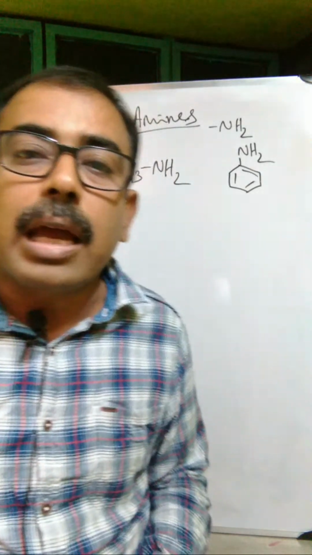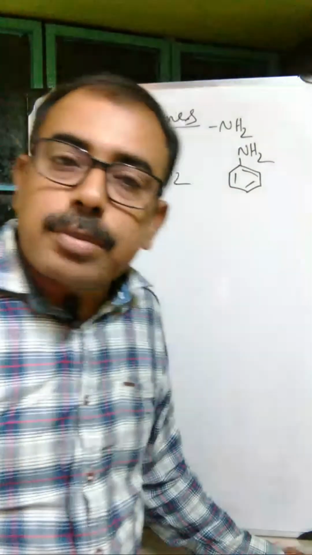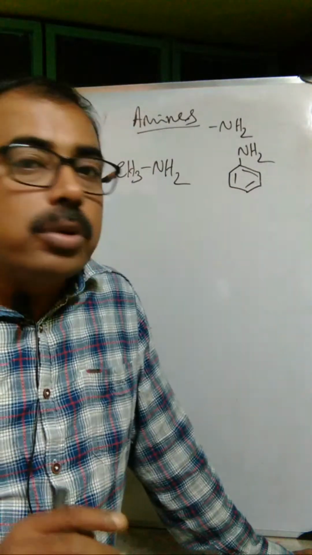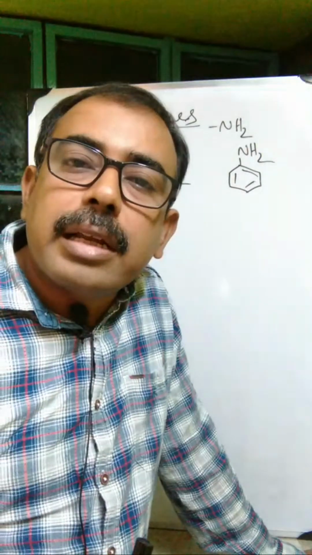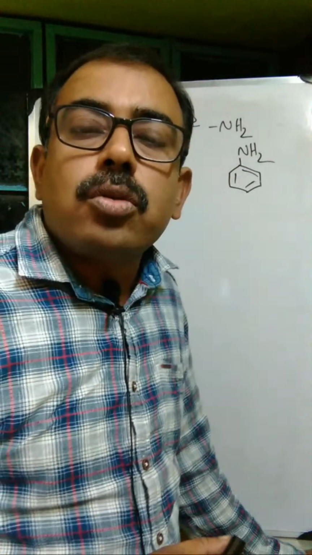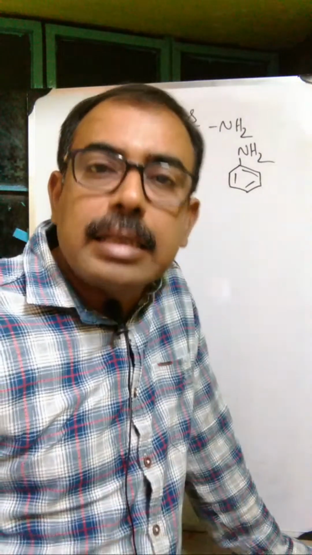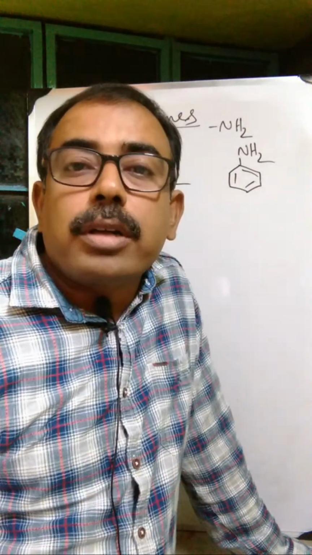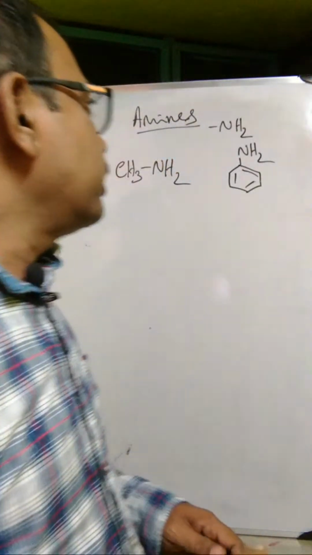So both aliphatic amines and aromatic amines are Lewis bases, because in both cases the nitrogen atom has a lone pair of electrons on it. Now the tendency to donate the lone pair electrons, how easily they can donate their lone pair electrons to others, is called their basic strength.